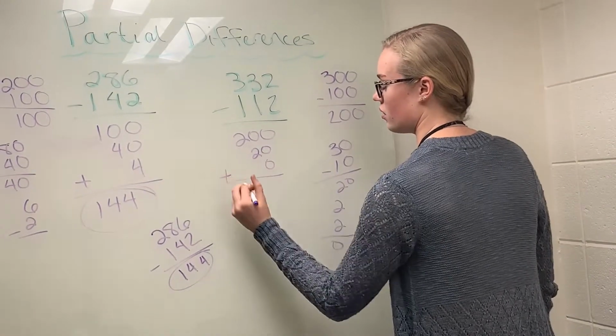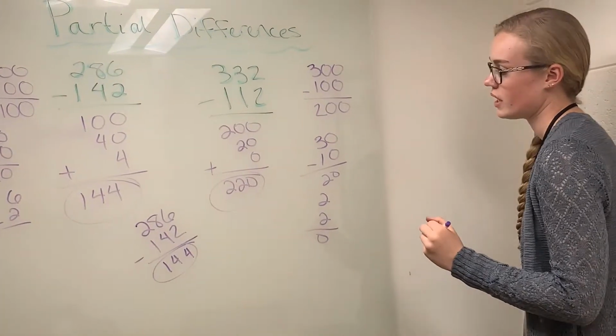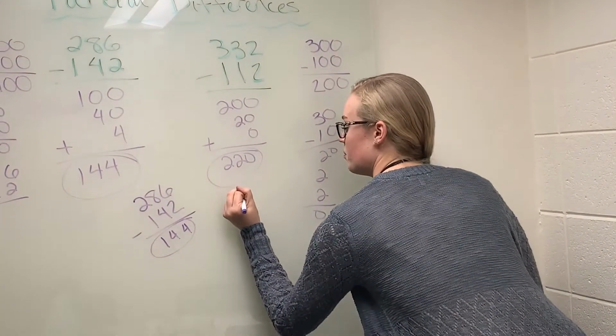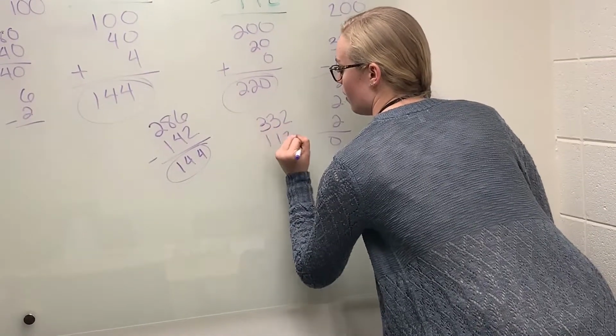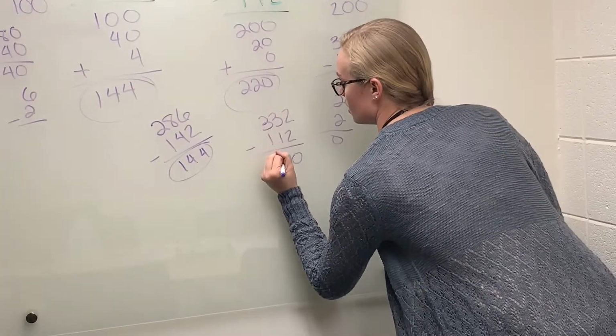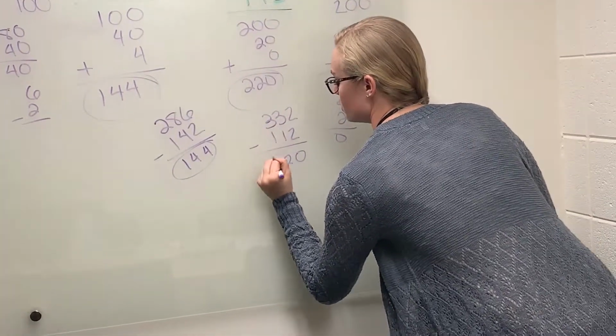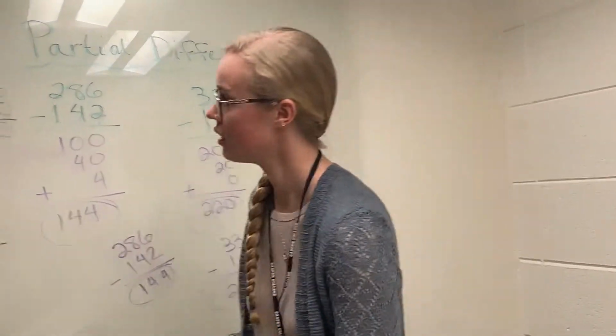Add them all up, and I get 220. Again, we can check this with traditional algorithm. 332 minus 112. 2 minus 2 is 0, 3 minus 1 is 2, 3 minus 1 is 2. 220 is my answer.